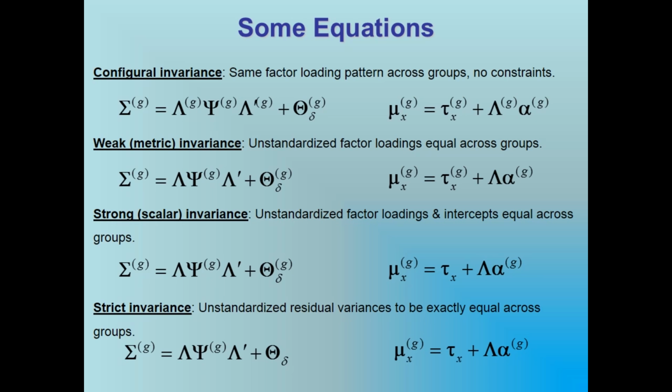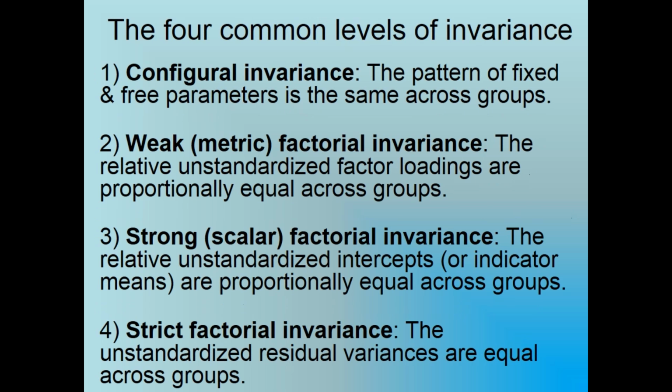Where before I gave you the more equation-based interpretation of the four models, here's more of a conceptual basis. Again, your configural invariance model is really your baseline model. We have the exact same factor structure, but whatever you fix or free in one model, you fix and free in the other model. So you're estimating the exact same model, and as a result, should have the exact same degrees of freedom.